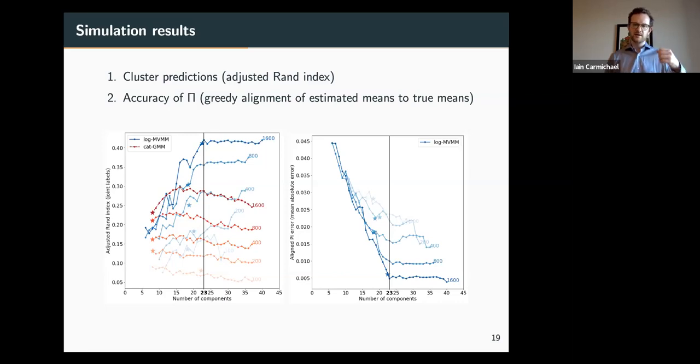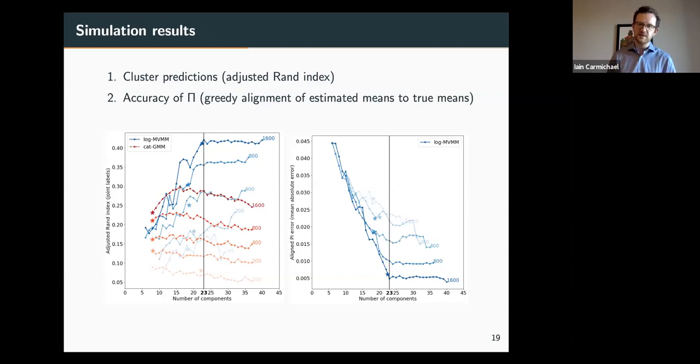By that, I mean I'm going to look in every view, find the closest pair of estimated and true means, align those, find the second closest, etc. Do that for every view, and that's going to give me an aligned pi matrix. And then I'm just going to look at a measure of distance.